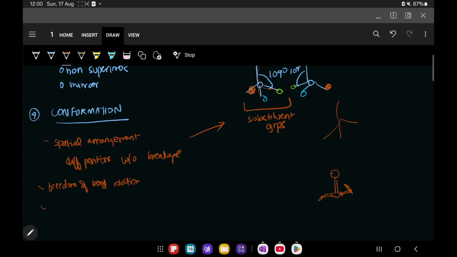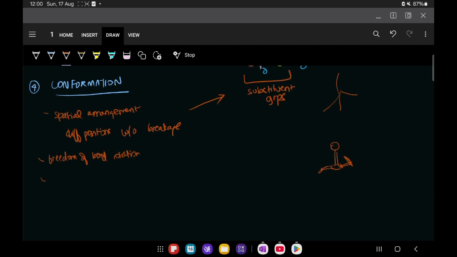So the example we've already discussed, D or L conformation. A spatial arrangement of an organic molecule that is confirmed by the presence of either the double bonds, about which there is no freedom of rotation, and also chiral centers around which the subsequent groups are arranged in specific sequence.